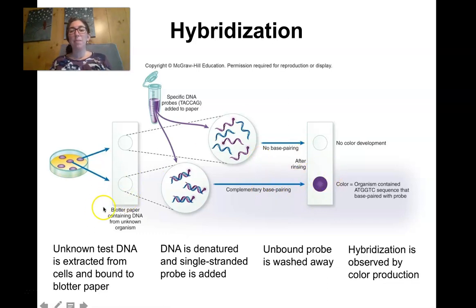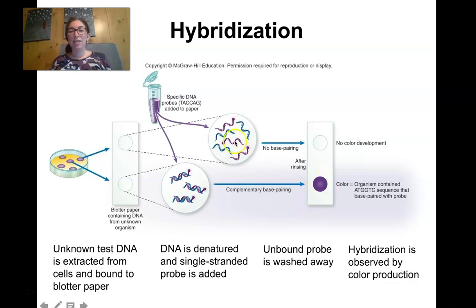So after you bind the probe and then wash off any probe that didn't stick, you then maybe add some component that the enzyme will cleave and make it change colors, or you look at it under a fluorescent light to see if it fluoresces, or you put it up against some film to see if it's radioactive, depending on what that probe molecule is tagged with.